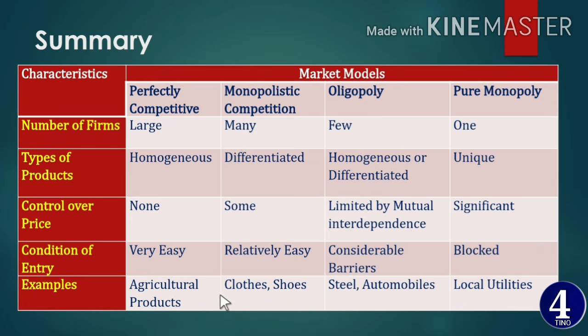In monopolistic competition we have clothes, shoes, supermarkets and similar. In oligopoly we have steel, automobile industries and the oil business. And finally, in pure monopoly we have local utilities like electricity, water supply and telecommunication services.